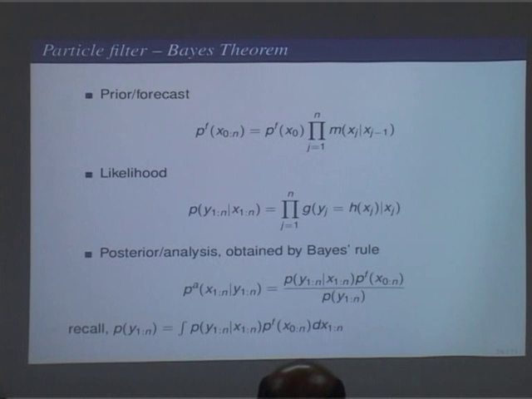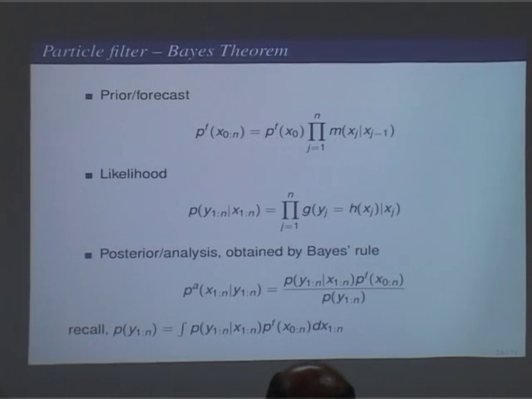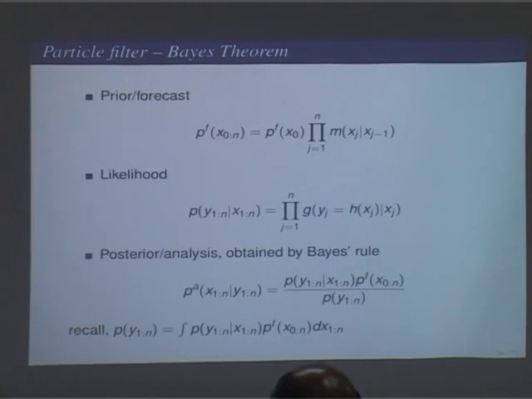Here is Bayes' rule written down sequentially, and we're thinking about collecting things over time. So we have our forecast, which is just using the Markov property, so we keep multiplying by the probability of transitioning.